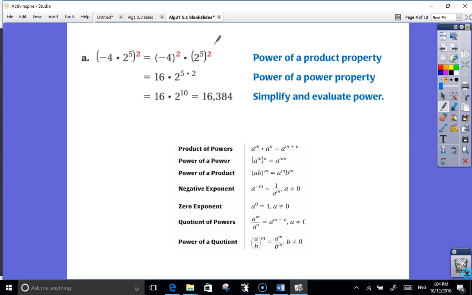Multiply. 5 times 2. So that's 2 to the 10th. And 2 to the 10th, you can use your calculator and get it. So don't forget, when there's numbers inside, you still need to raise them to the power.